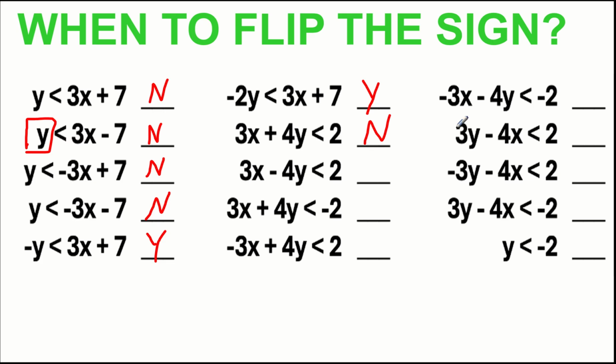Why yes? Yeah, we got negative y, so we're going to go ahead and flip that one. Next one, Kari. No, we got positive y, so that one's a no. Last one on that column, Jayla.